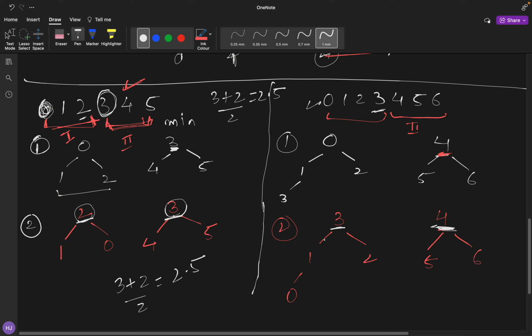And in this case, 4 and 3, since we are having an odd number of elements, we choose our middle value from the heap with the greater size. So 3 is our answer over here.